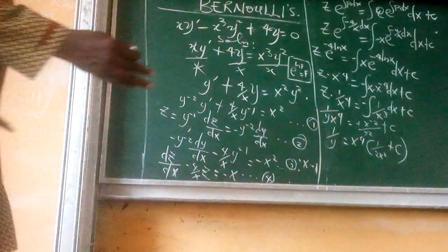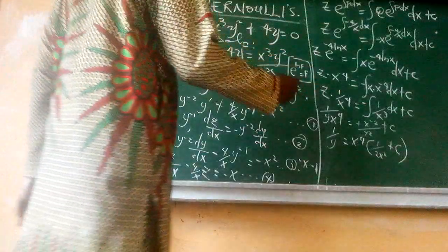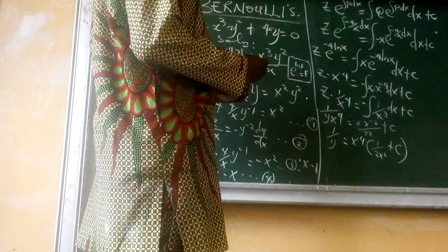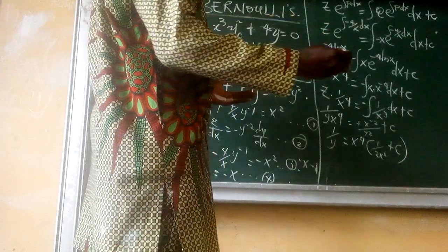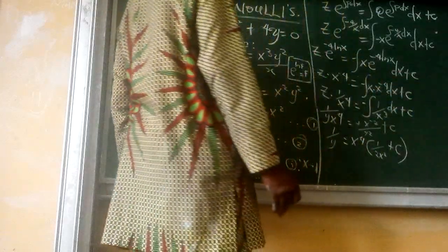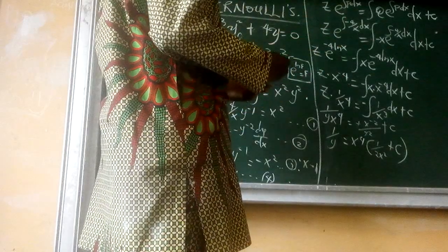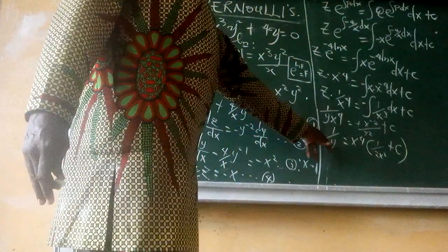Of course, you could leave the answer that way or go further by multiplying through. You can multiply through by x raised to the power 4 to open the brackets. At that level, it is also good you leave it this way.